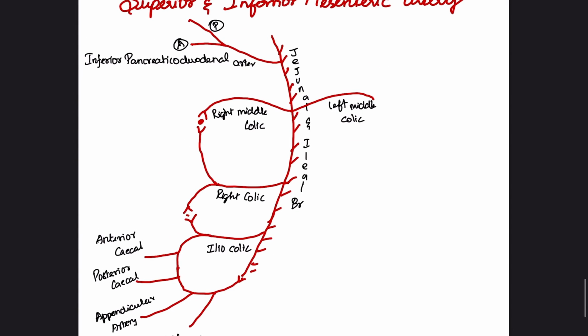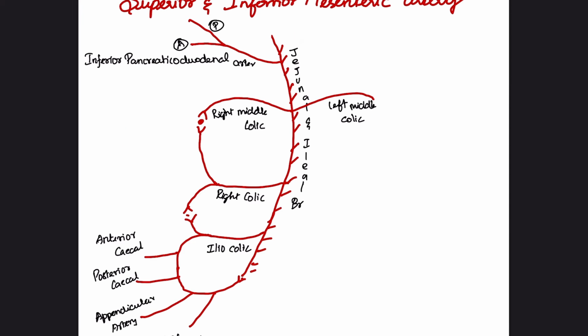That's all about the superior mesenteric artery. Let's recall it once again. The superior mesenteric artery, first there is inferior pancreatico-duodenal artery, which in turn divides into anterior and the posterior part. This is the convex side, this is concave side.